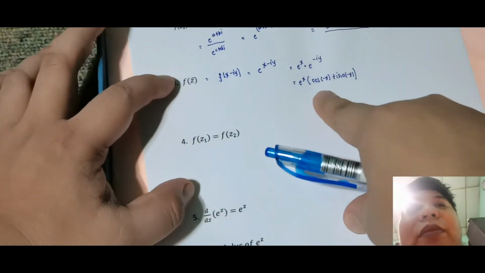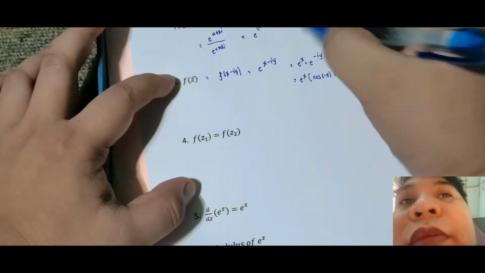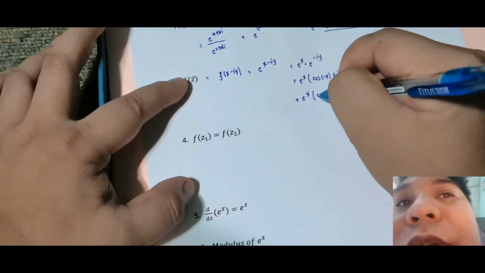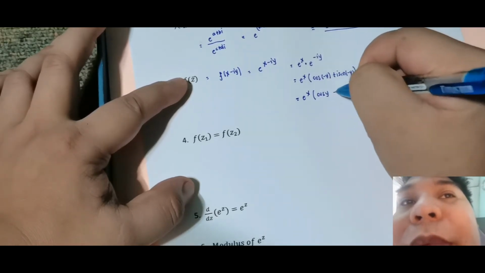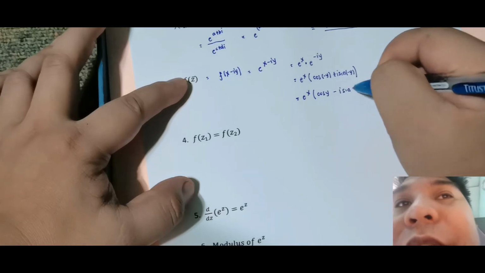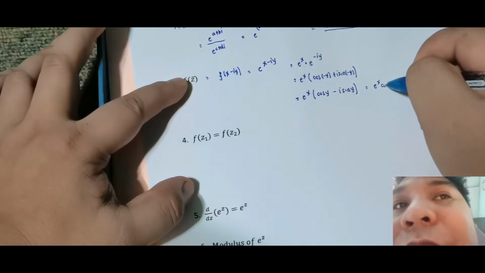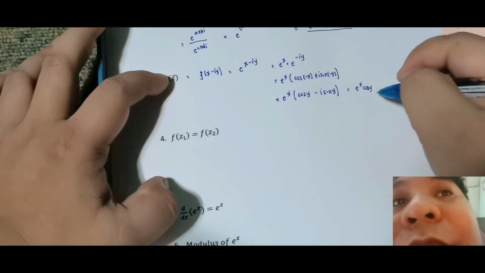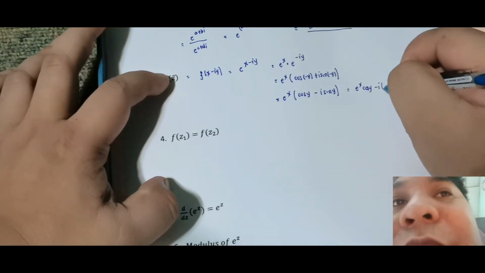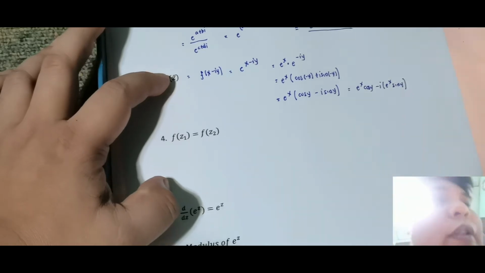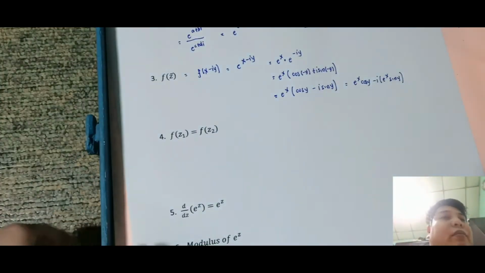Tandaan, cosine of negative y is cosine y. So this is equal sa e raised to x cosine y minus i sin y, which is equal sa e raised to x cosine y minus i e raised to x sin y. So dapat talaga kasama yung negative sa loob din.